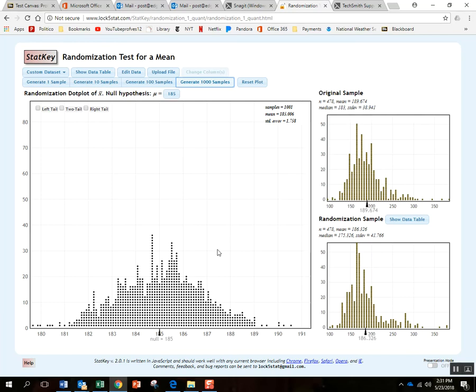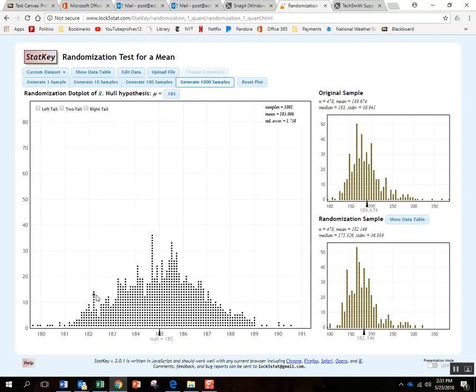So each dot in this dot plot represents the mean of one sample from a population where the mean actually is 185. So the computer has created a universe where the parameter, the weight, is 185, and then it's giving us samples of size 478.